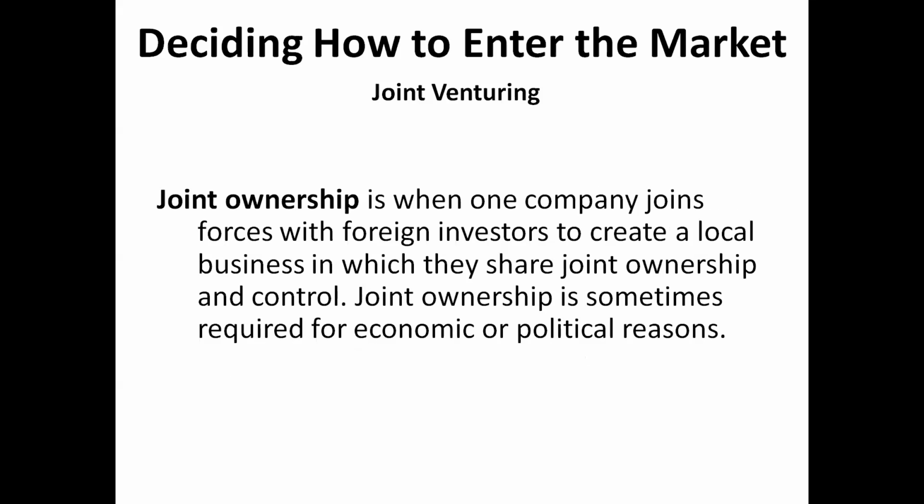Joint ownership is when a company joins forces with foreign investors to create a local business in which they share ownership and control. Joint ownership is sometimes required for economic or political reasons.